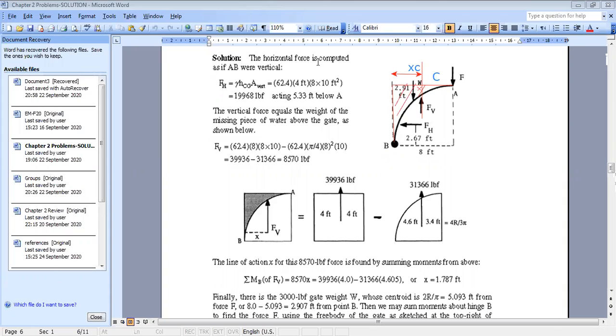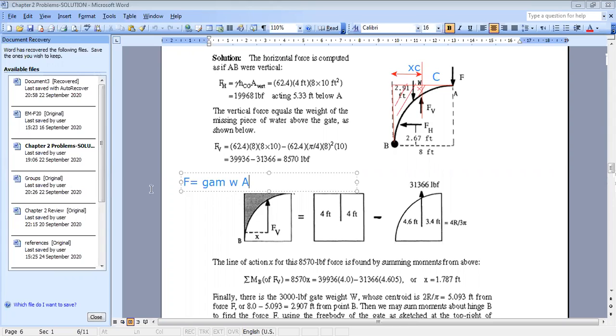Yes, look, here you can think in two ways. You can think in areas or you can think in forces, because they are proportional. What is the force due to the weight here? It is equal to gamma times the volume. And what is the volume? It is the width W, which is here 10 feet, times the area.